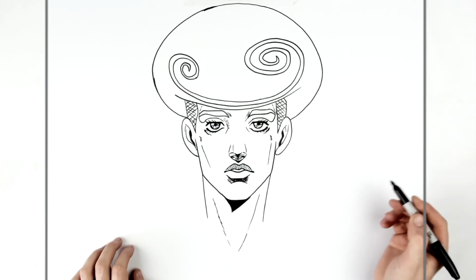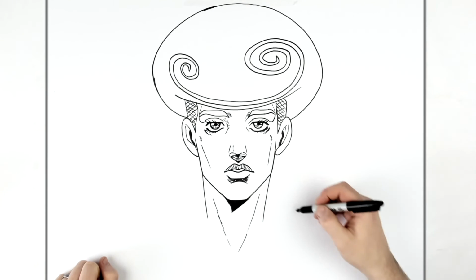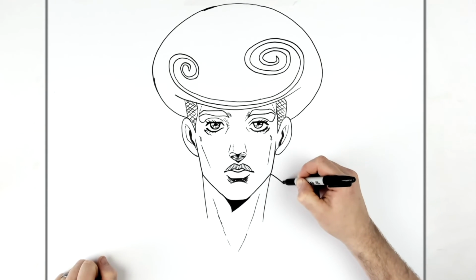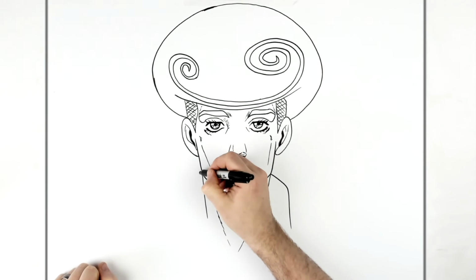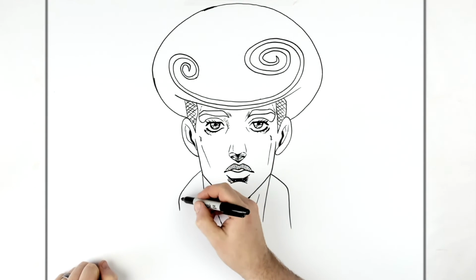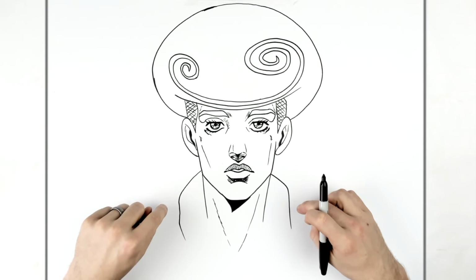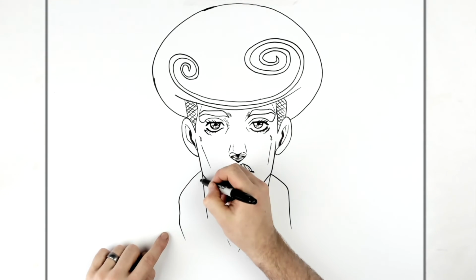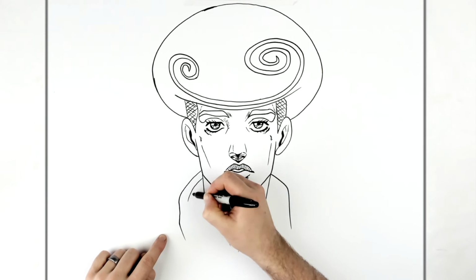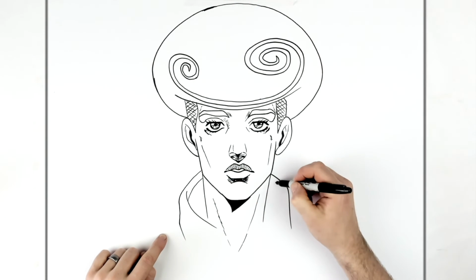Neck lines, like so. And then his collar comes out from behind his neck, comes down like so. And we've got an inside line that'll go round into here.